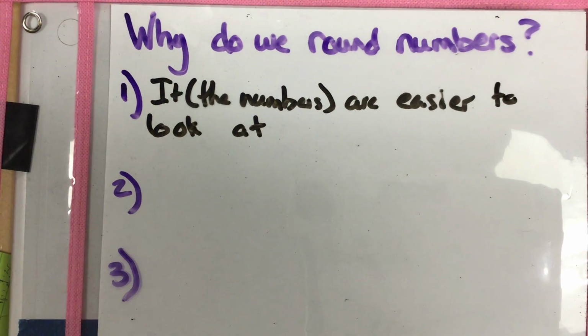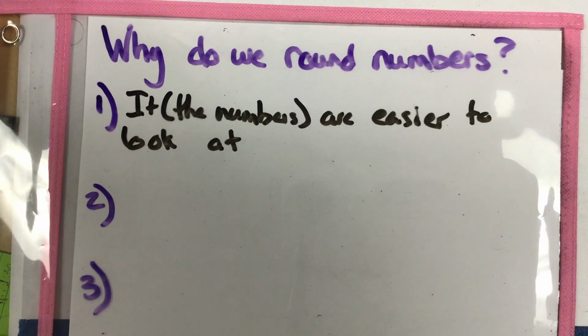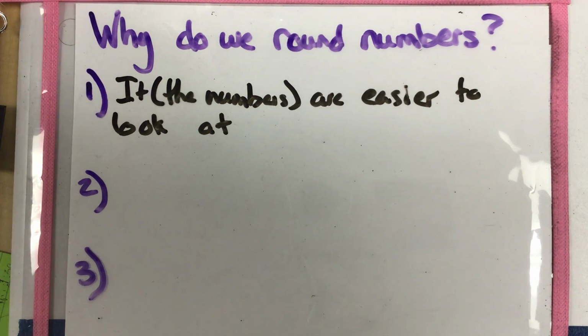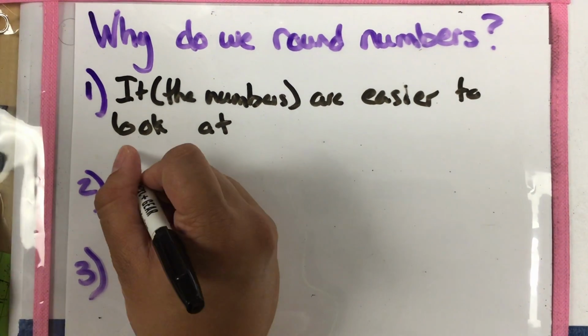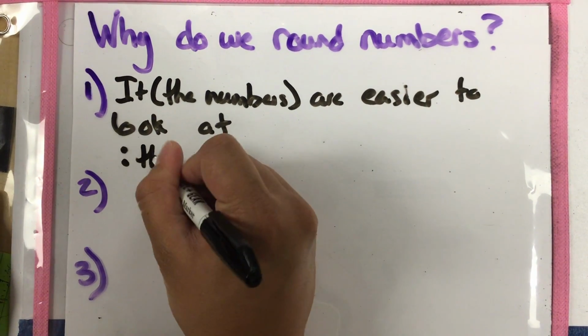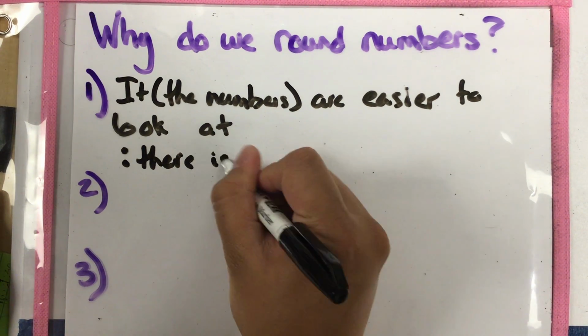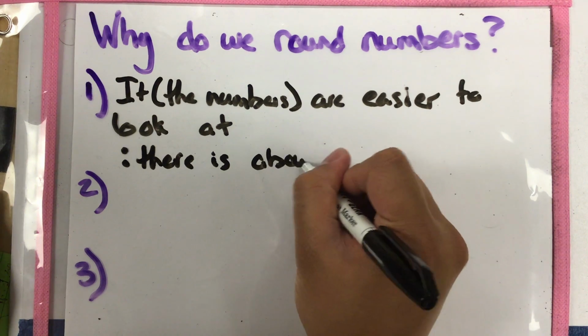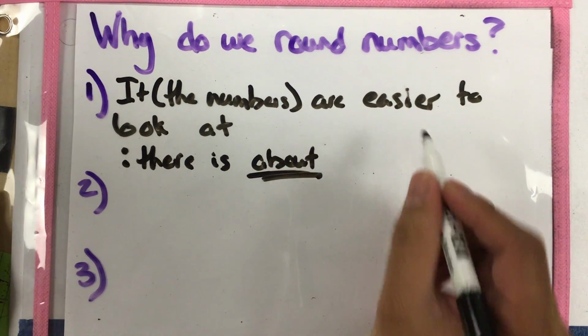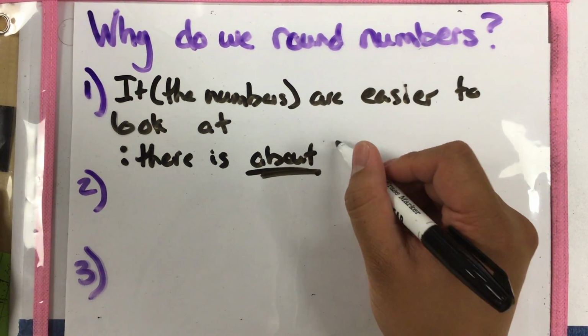Okay, when we have so many different digits in one single number, it makes it harder to read. But if we use the word "about," that word about means to estimate.